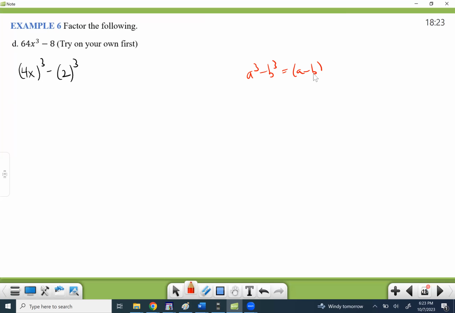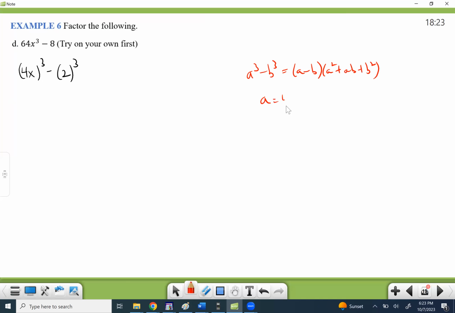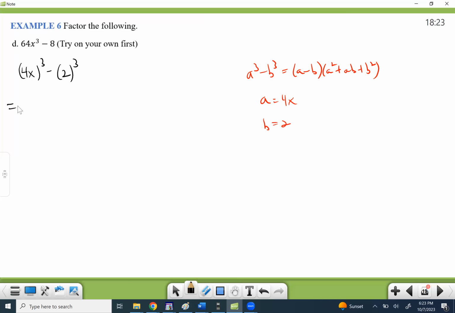All right, so same sign, opposite sign, always positive. Let's go ahead and, oops, let's say what a is. A is 4x and b is 2. Okay, so let's go ahead and substitute it in. A minus b, 4x minus 2, a squared. Oops, I'm already writing 16, guys.